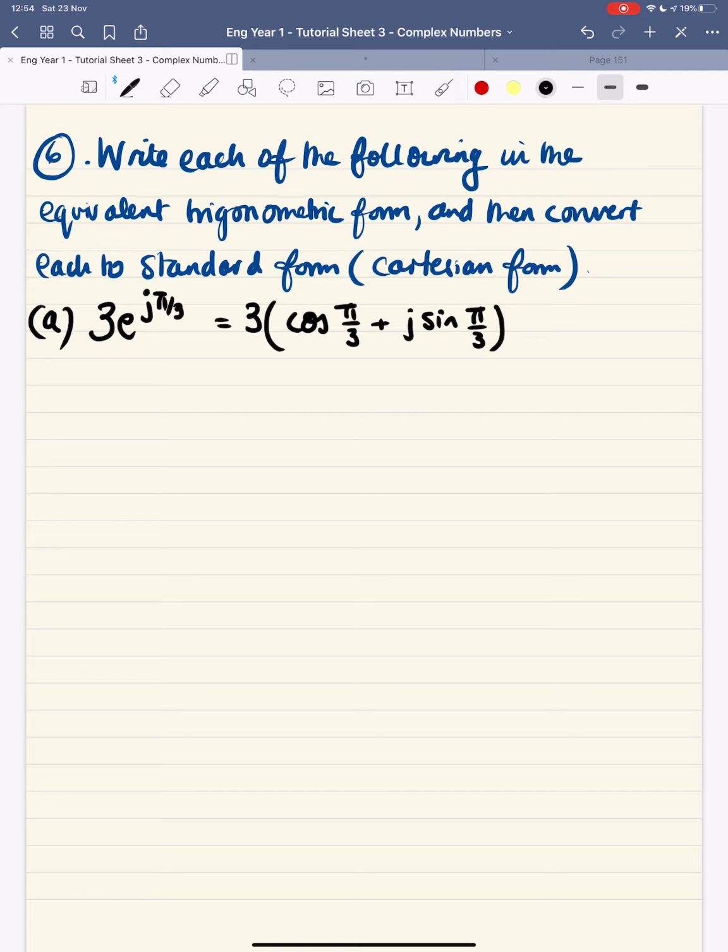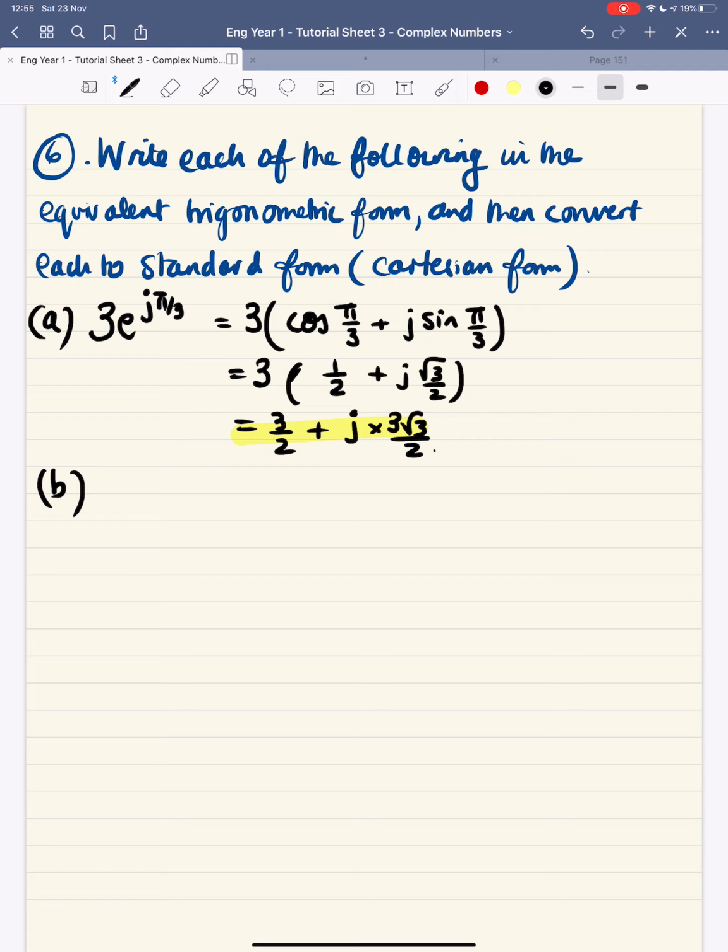Pi by 3, that's one that I should know, and I do know it. Cos of pi by 3 is a half. Sine of pi by 3 is root 3 over 2. So it's 3 over 2 plus j times 3 root 3 over 2. That's your answer for A.